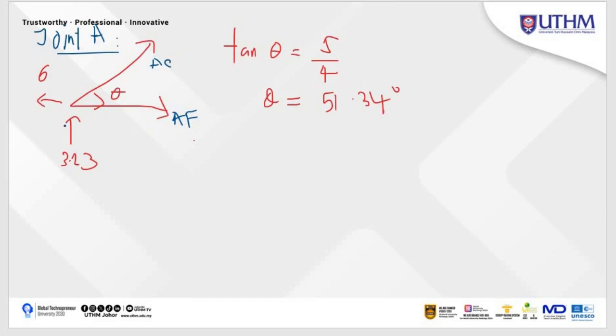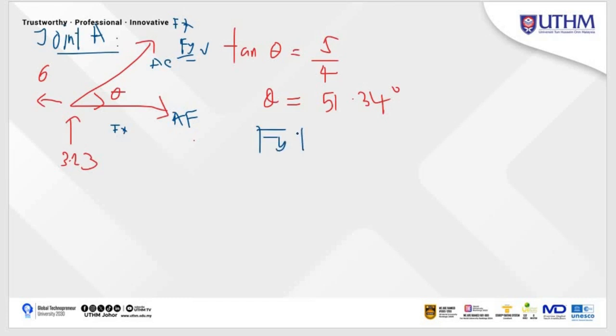The member AF is in the x direction, which is Fx, and AC has both Fx and Fy components. So we only have one unknown in the y direction, and we can start with the equation of Fy.